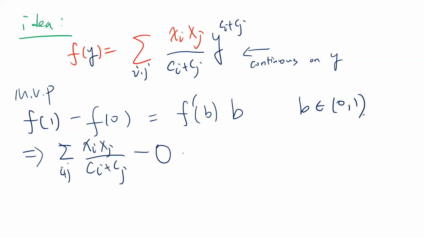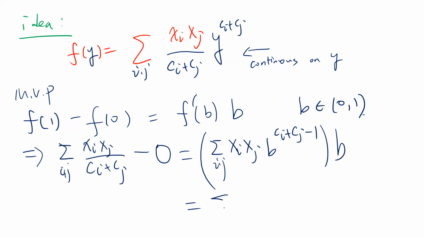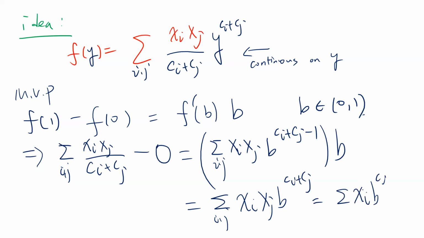So 0 equals the derivative. If you differentiate with respect to y, you get x_i x_j, (c_i plus c_j) times b to the power c_i plus c_j minus 1, which is the summation of x_i b to the c_i over 2, squared.